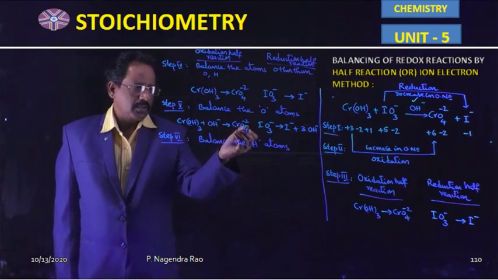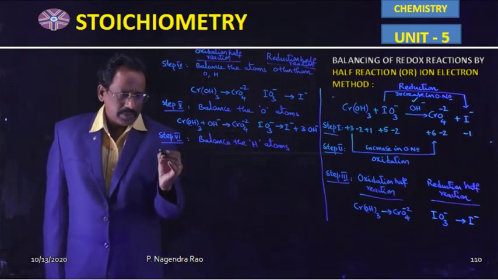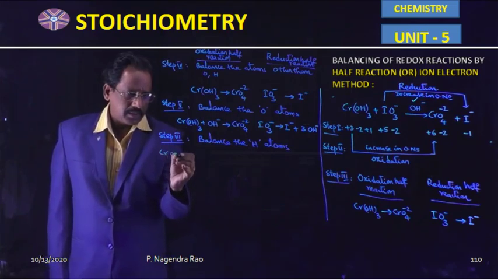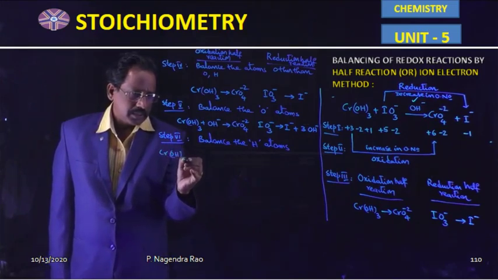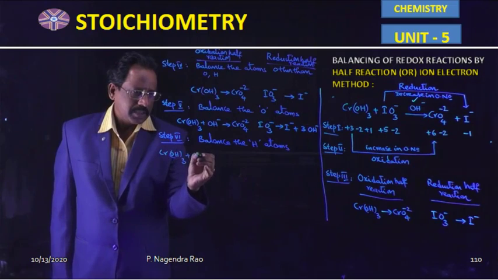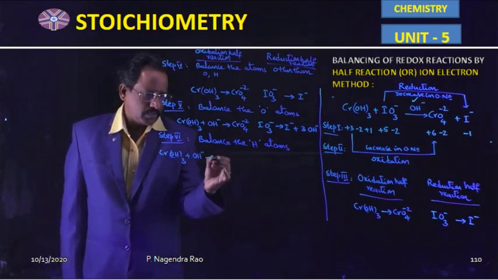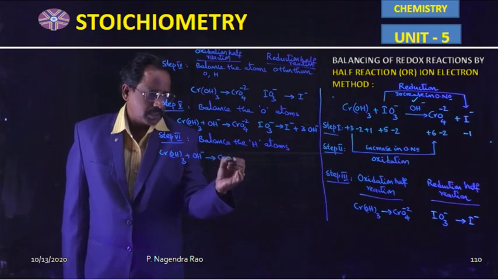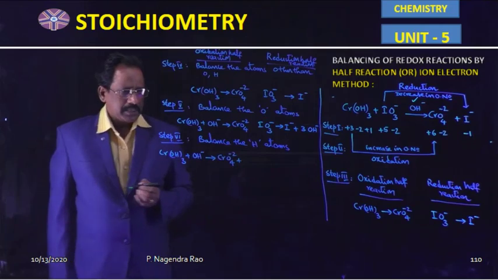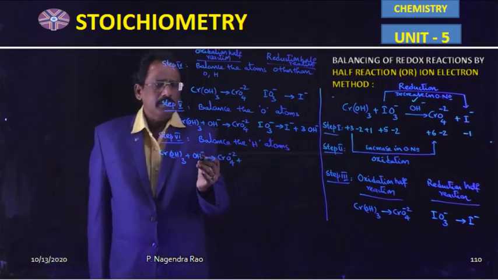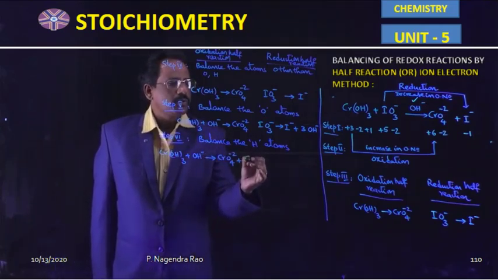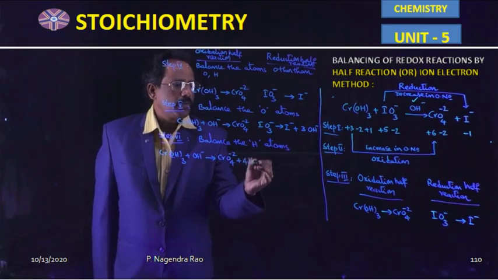Here there are no hydrogens, that's why Cr(OH)3 plus OH minus gives rise to CrO4 2 minus plus 4H2O.